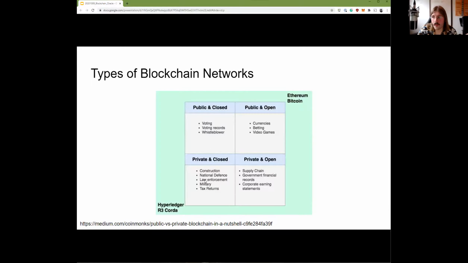If any of you ever used Hyperledger Fabric, it is normally a private and closed system. Private means only authorized users are allowed to read the data, and closed, open versus closed, means who is allowed to participate in the mining or in the validation of blocks.